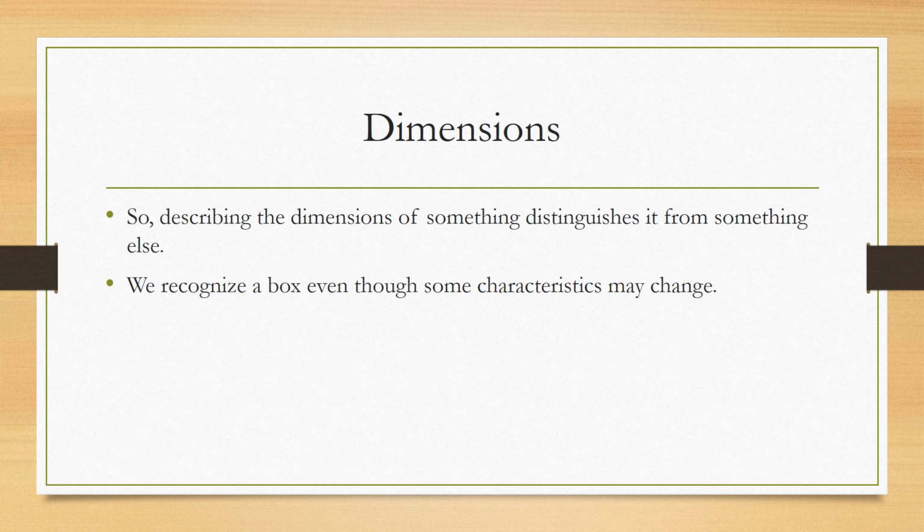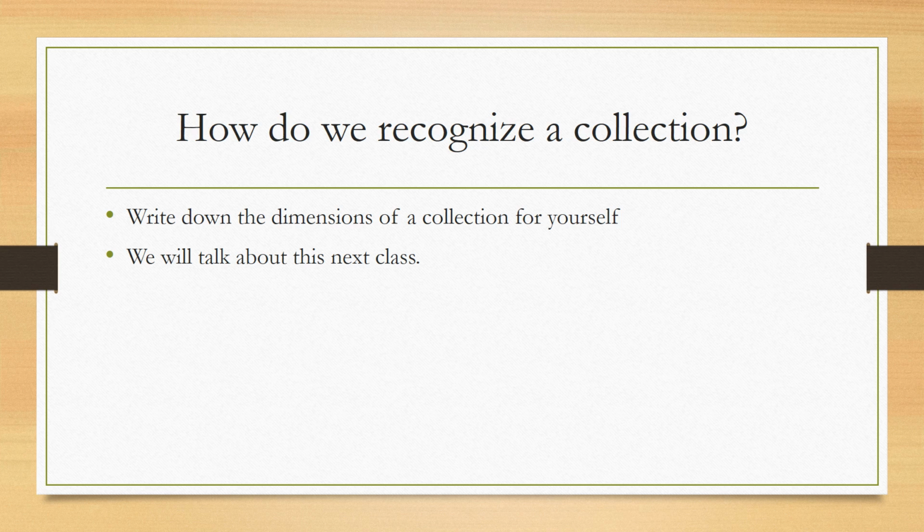But there are things about boxes in general that we can describe. So I want you to think about how we recognize a collection. Write down the dimensions of a collection for yourself, and then we're going to talk about it in the next class.